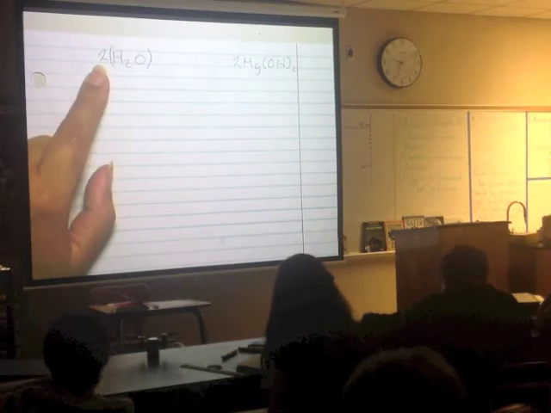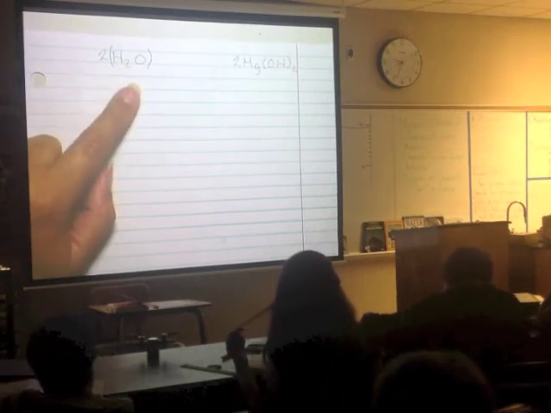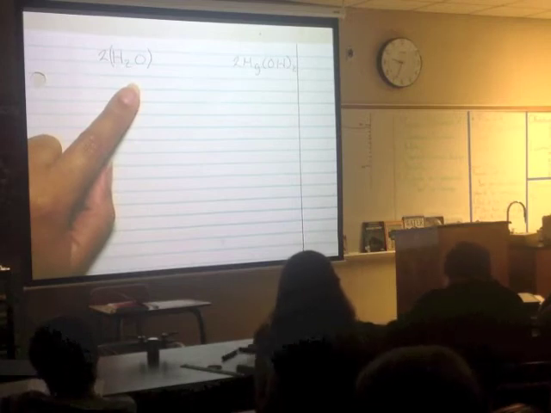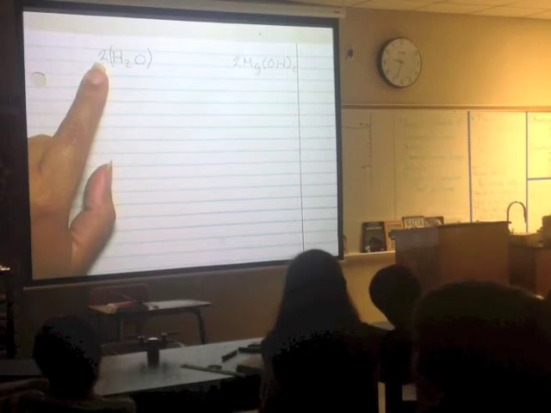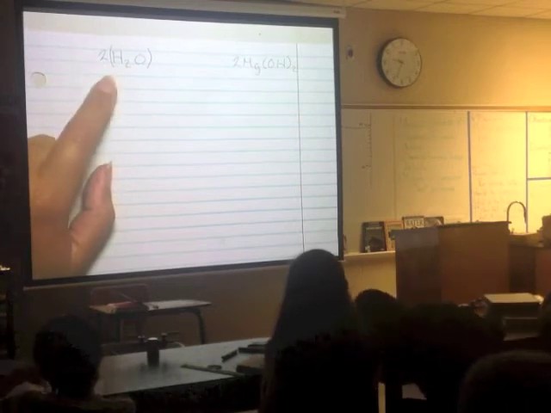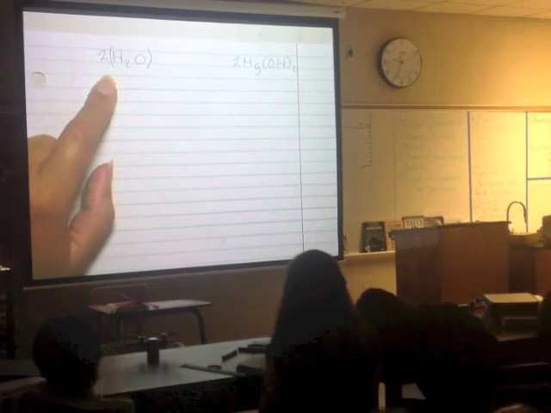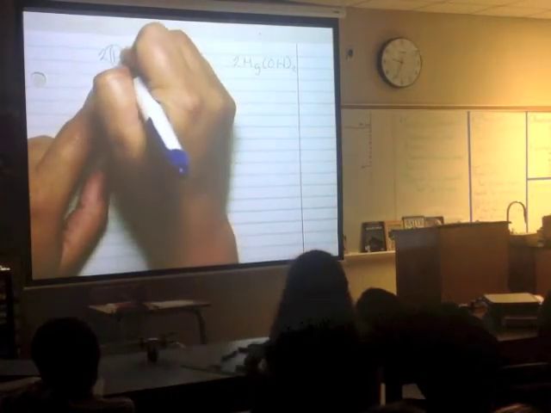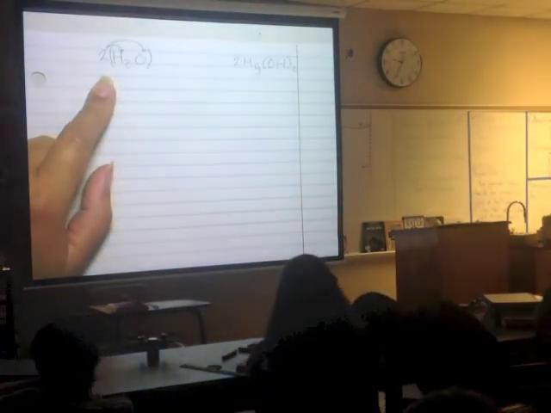You see the coefficient, and you're going to put the entire molecule inside parentheses. And now I want you to think about math. What do you do when you have a number outside of a parentheses and do it to the inside? You multiply, right? Yeah, distribute. You distribute to everything inside? Yep. So you're going to distribute this 2 to the H and to the O, correct?